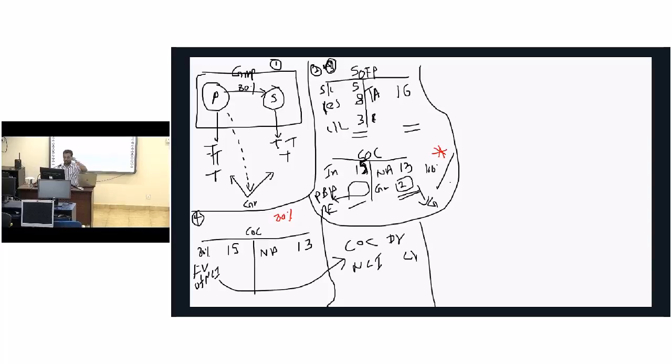If it is not given, there are two methods to find it. Sometimes the examiner can give you market price per share. If market price per share is given, what can you do? Take the NCI number of shares, the number of shares which you did not acquire. Let's say the subsidiary has 1000 shares, out of that you bought 80%. Then 1000 into 80% means 800. The balance 200 shares you didn't buy.